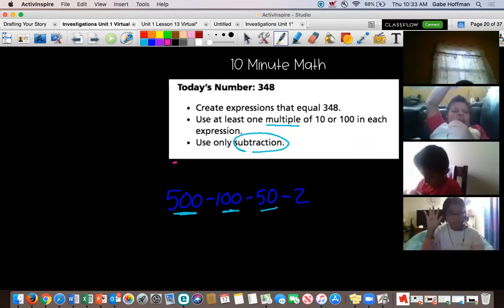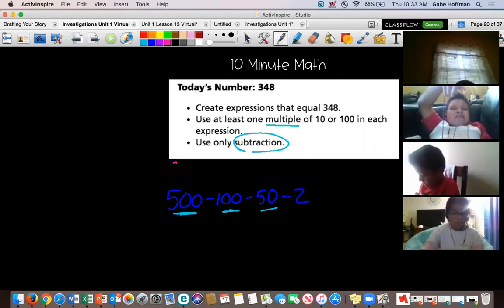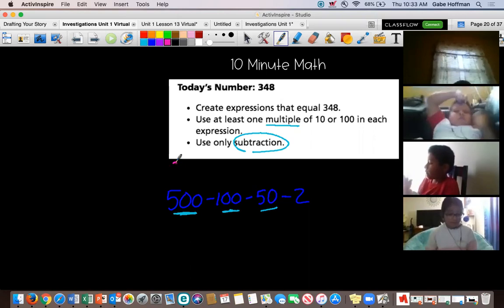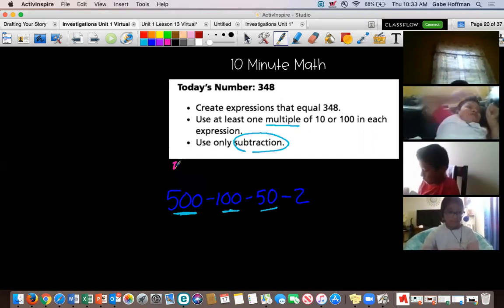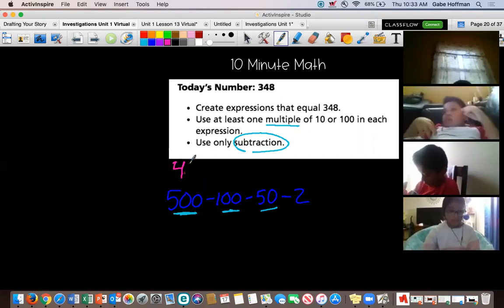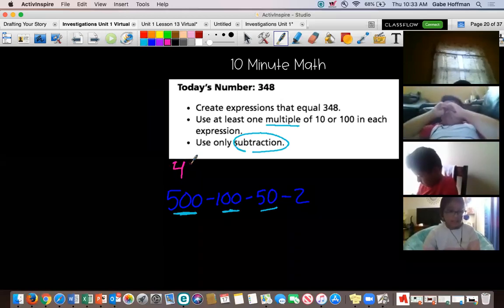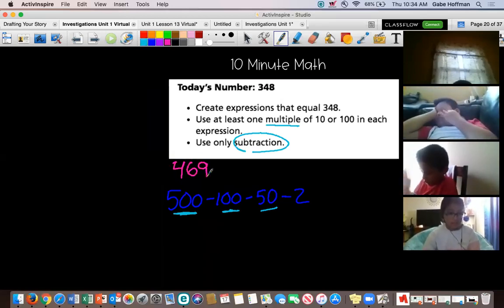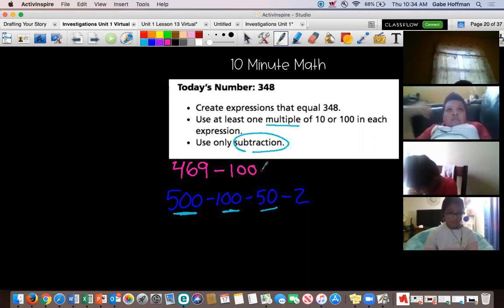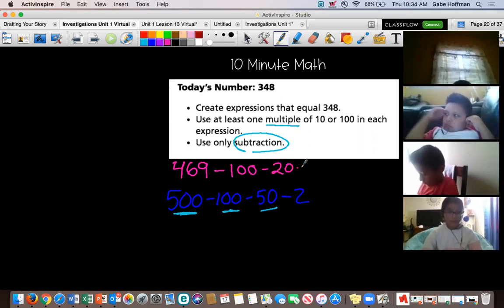Cynthia. 459 minus 100 minus 20 minus 1.